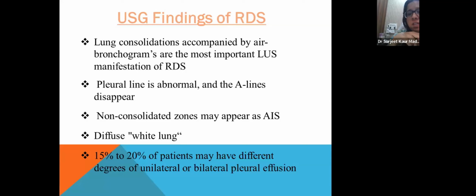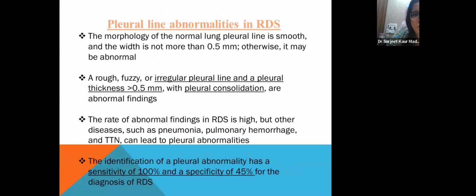In extensive cases of RDS, you sometimes have extensive consolidation, and you have increased B lines. Depending on the number and pattern of B lines, you even score your RDS. You do a lung scoring, and then you plan for surfactant in these babies. Sometimes you may have a bit of pleural effusion also.